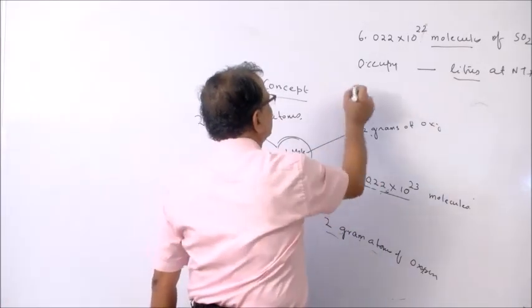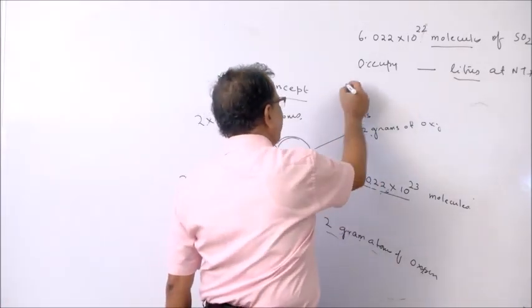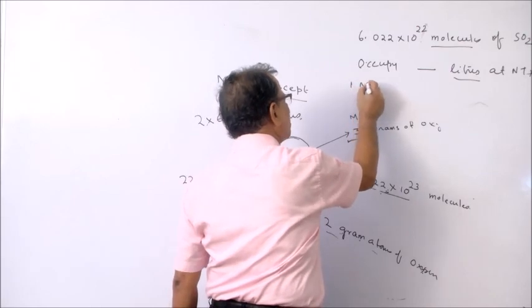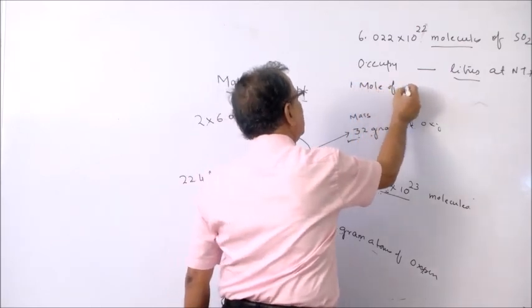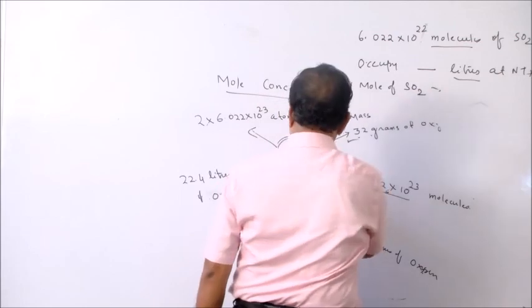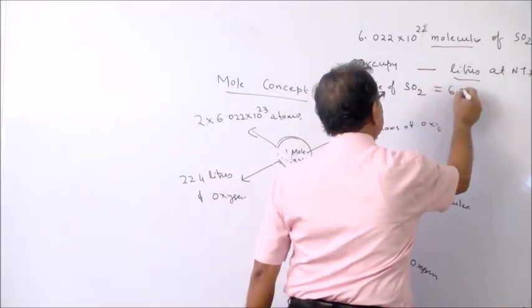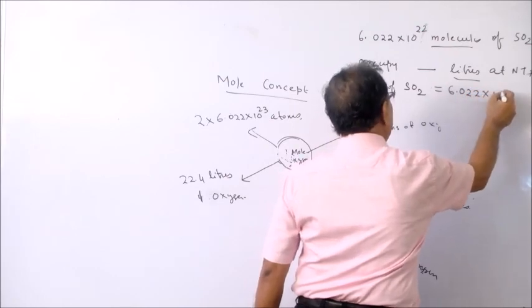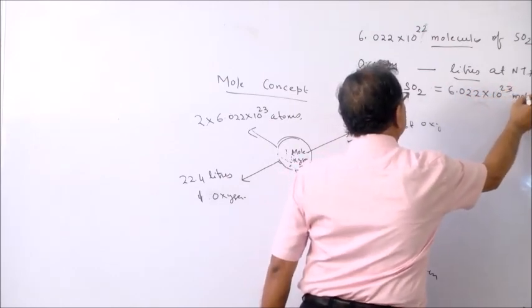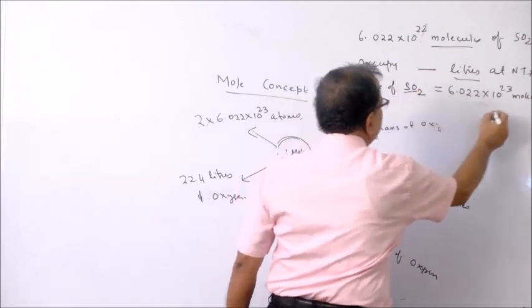That means 1 mole of sulfur dioxide. Simple way: any mole, you take this equal to 6.022 × 10^23 molecules. You put here sulfur dioxide.